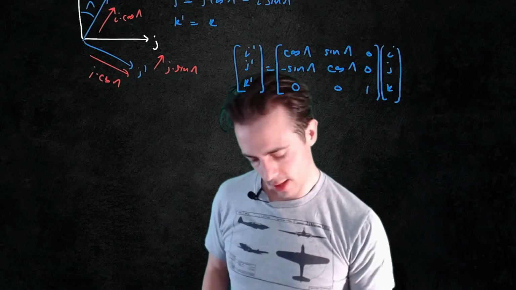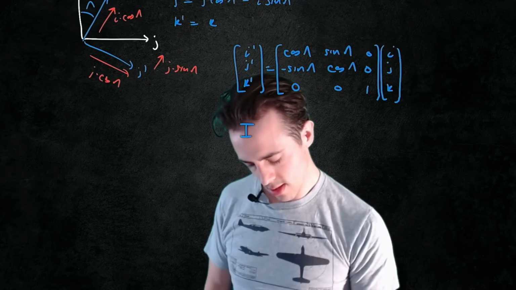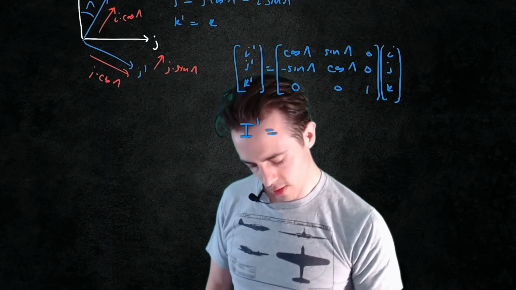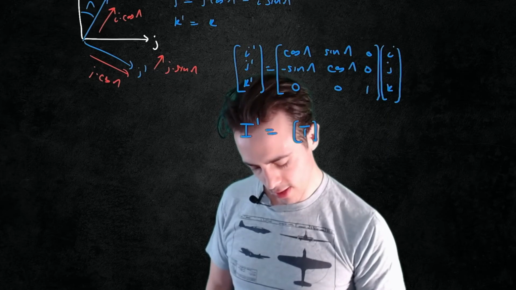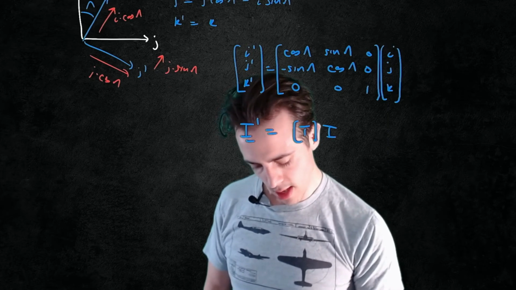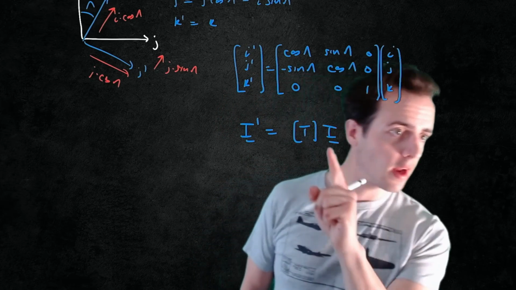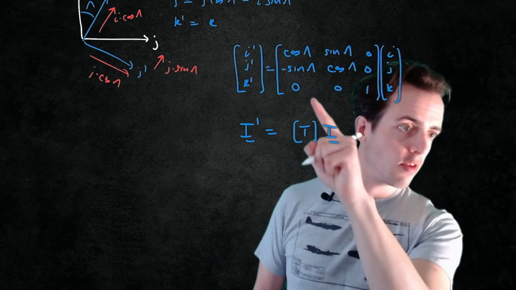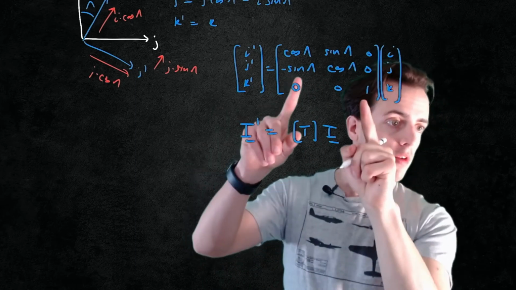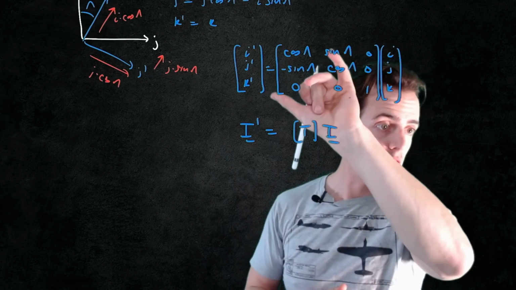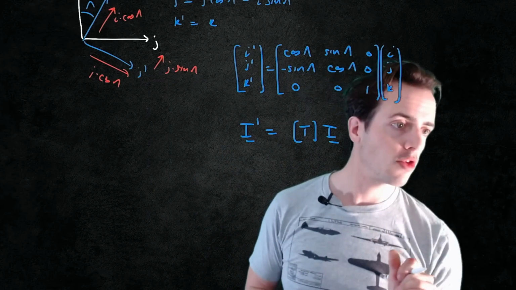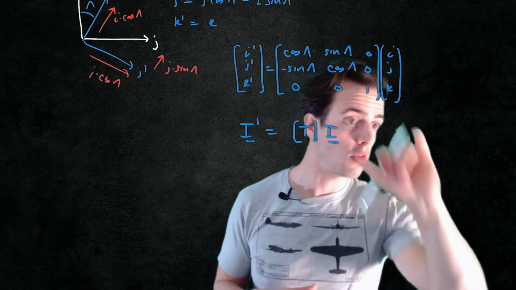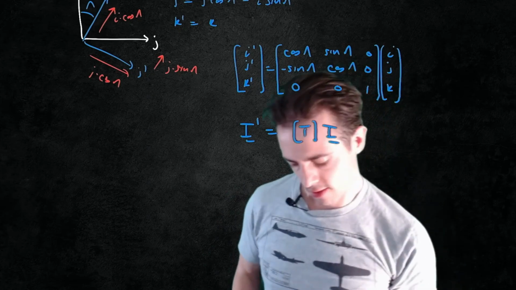And then I could write this as i prime is equal to this transformation matrix multiplied by i. And then I could see that actually I'd want the inverse of this matrix to go the other way around. Sorry, the matrix is not symmetric, but because it's orthogonal, the inverse is simply the transpose of this matrix.